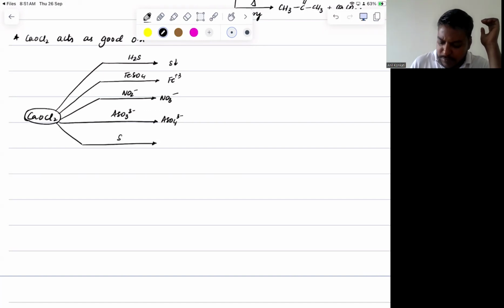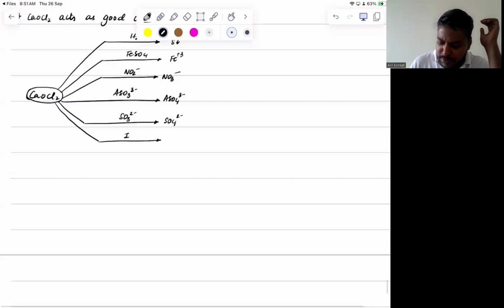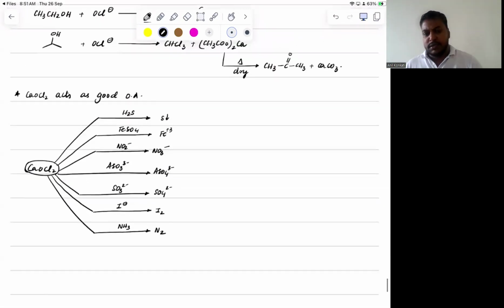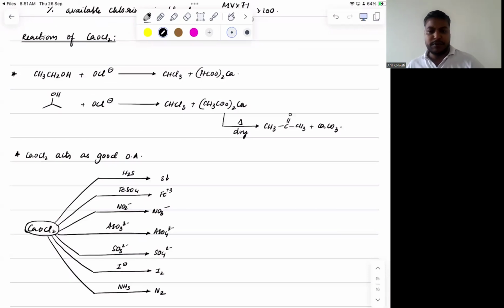And if you have SO3 2 minus, it will become SO4 2 minus. Next, if it is I minus, it will become I2. And lastly, if you have NH3, you get N2. Okay. These are a few reactions which you will notice from bleaching powder.